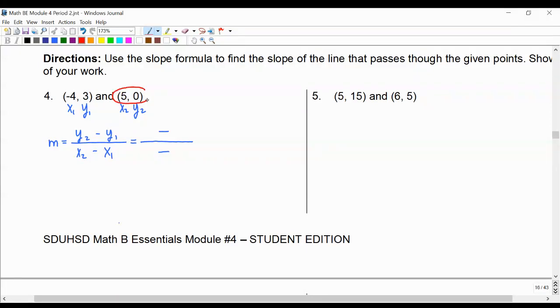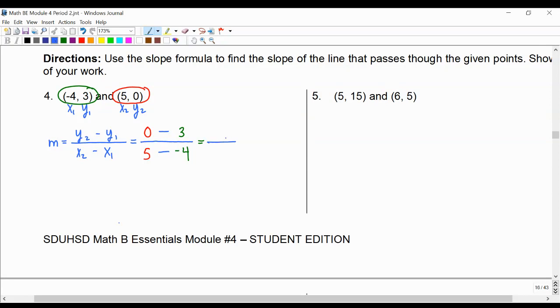This point, 0 is y2, and 0 goes over 5. This point, y is going on top, 3 goes over -4. Vertical alignment of my colors. Y is on top. And I'm going to put equals.